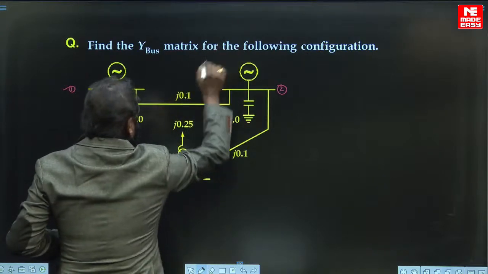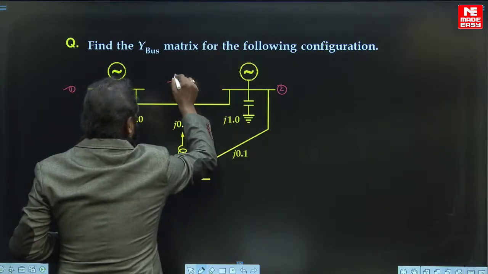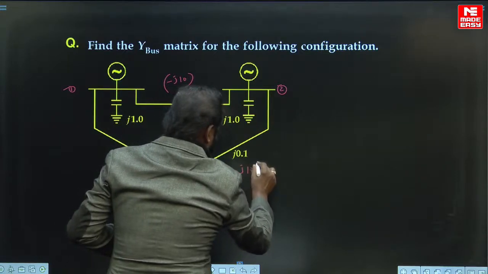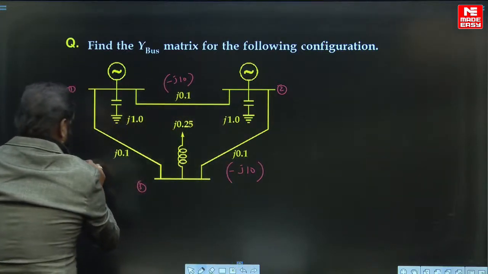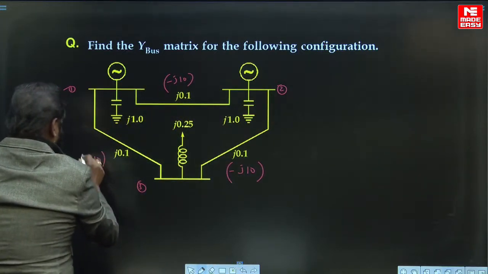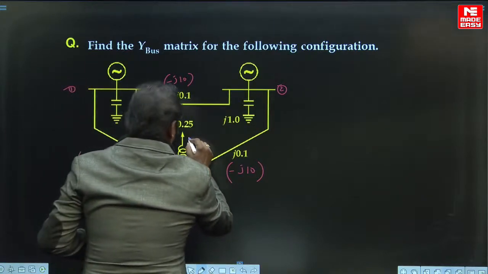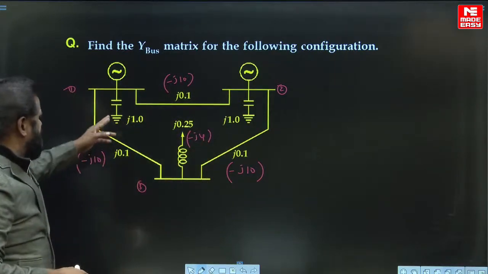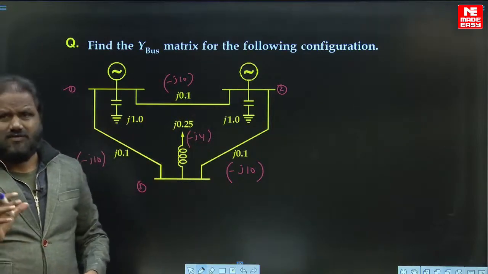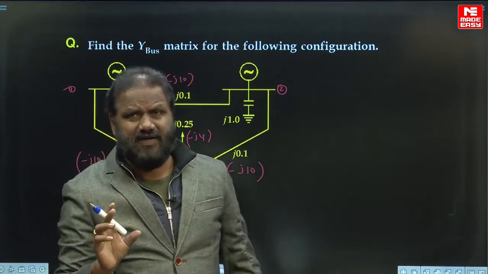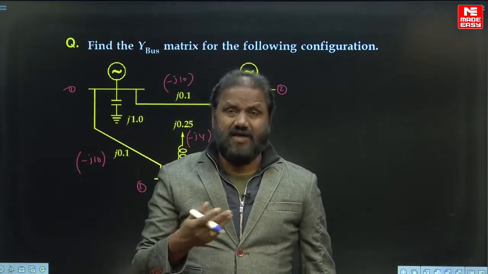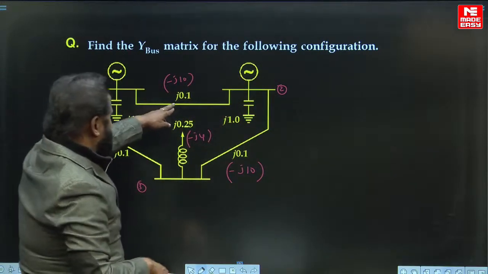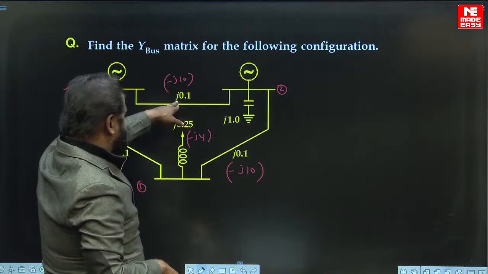So this is to be taken as 1 by that, equal to minus j10, this also minus j10, this also minus j10, and this is minus j4. 0.25 and 4 it is. And these are the inductive impedances. Capacitive admittance is always plus j, inductive admittance is only minus j. So as it is given as inductive impedance, you have to convert into admittance.